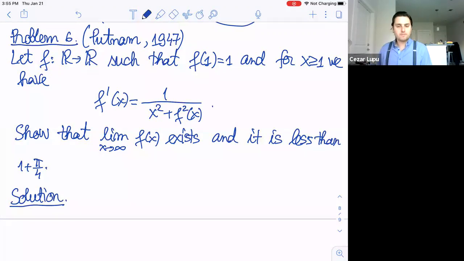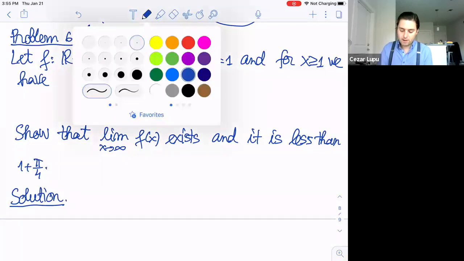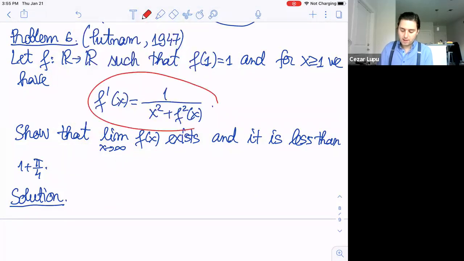But now let's look at this. So you see we have this guy here. So let's analyze this a bit. Well, the quantity on the right-hand side is clearly positive.